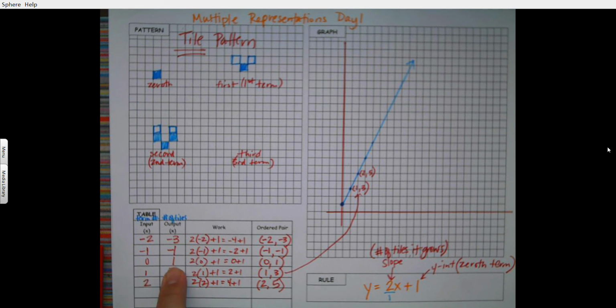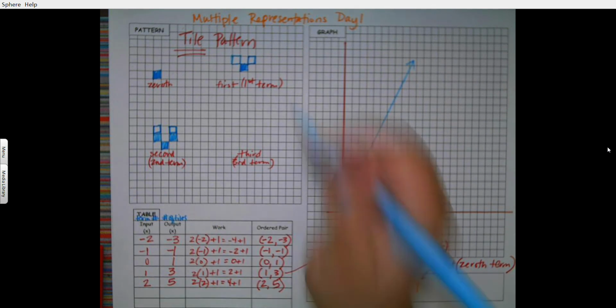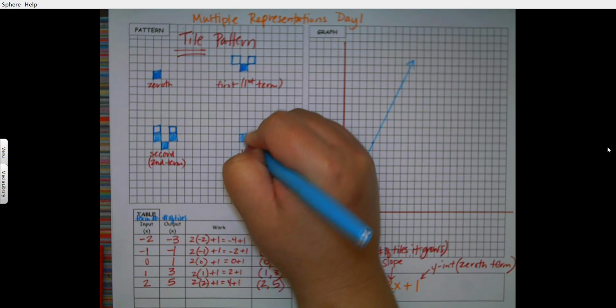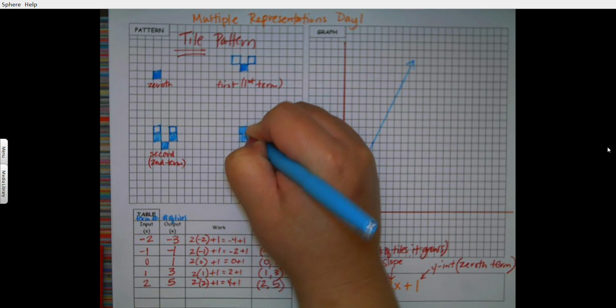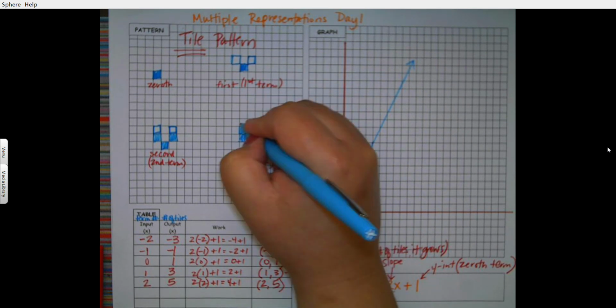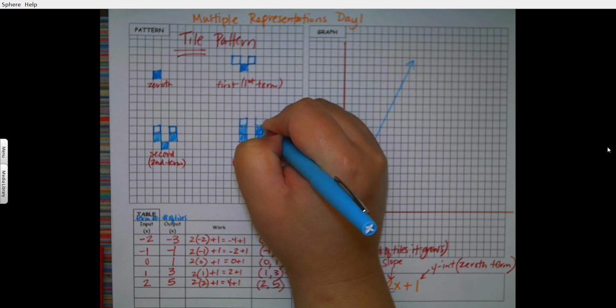Term 0 has 1 tile. So my third term, if I grow by 2 tiles, should have how many? I grow 5, I grow by 2 tiles, I should have 7.